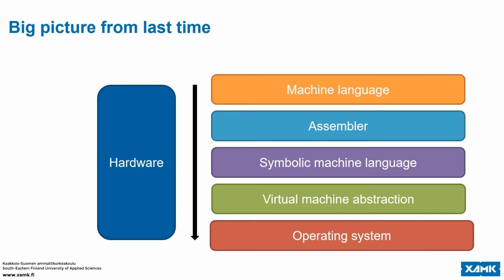The other big picture from last time is the software hierarchy of a computer system. At the lowest level, right here in the picture, there is machine code. Machine code is the lowest level of the software stack. Those are the raw bits that control what the CPU is doing. So that's binary machine code.